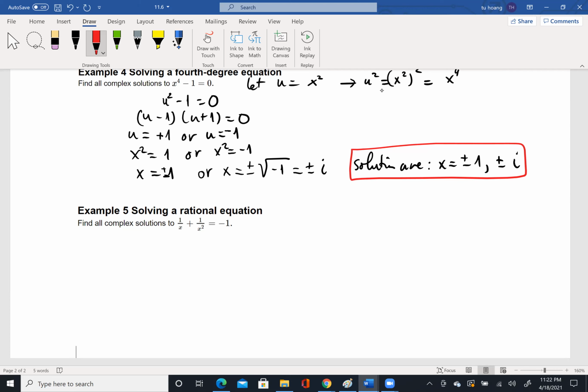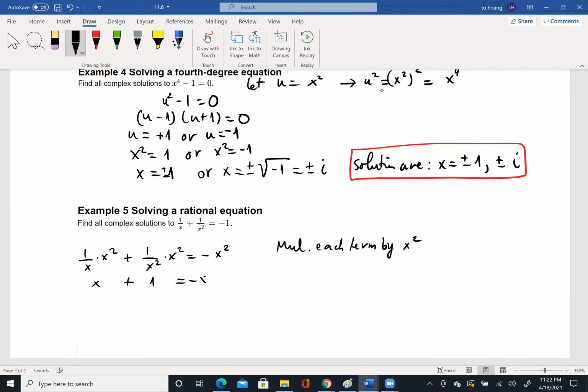So we're going to multiply each term by x squared and see what happens, right? So we have 1 over x times x squared plus 1 over x squared times x squared equals negative x squared. So the first term becomes x, the second one gives me 1, and the last one becomes negative x squared.